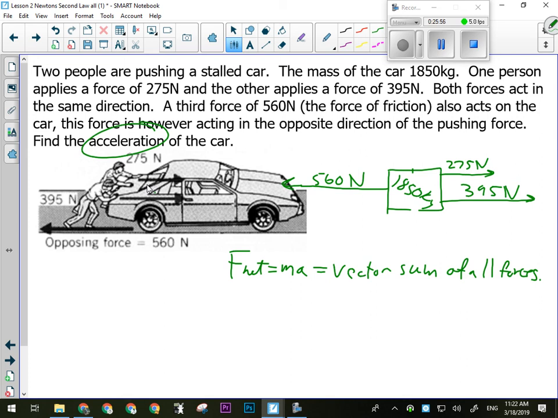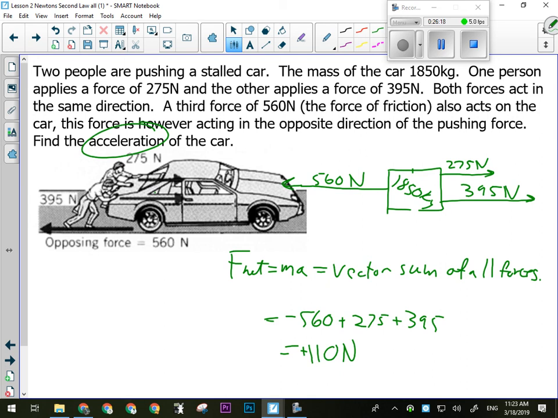All I have to do is go negative 560 plus 275 plus 395. I think that comes out to 110, right? So I've got a net force of positive 110 newtons, or 110 newtons forwards or right or whatever.